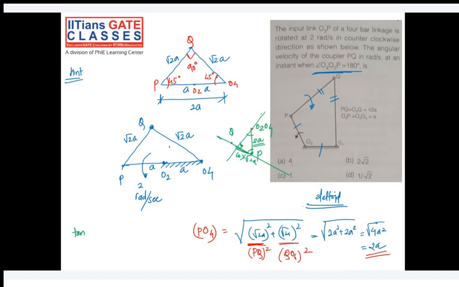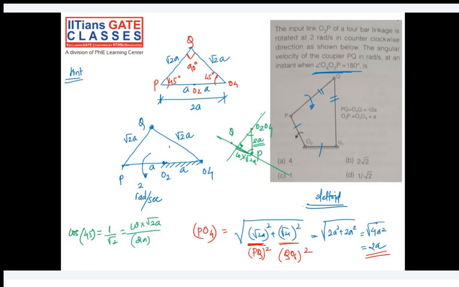No, that is hypotenuse basically. Let's use cos of 45. Yes, cos of 45, which is equal to 1 by root 2, and that is equal to base divided by hypotenuse. Base is omega into root 2a, and hypotenuse is 2a into 1.